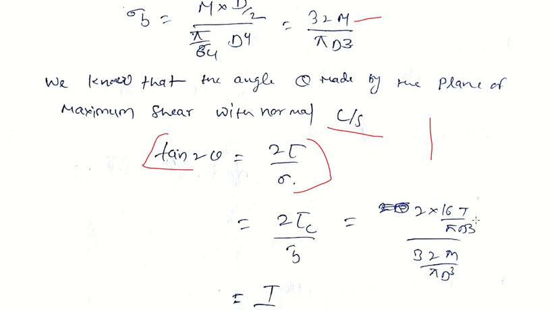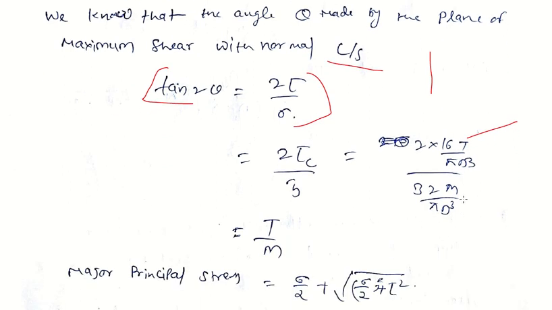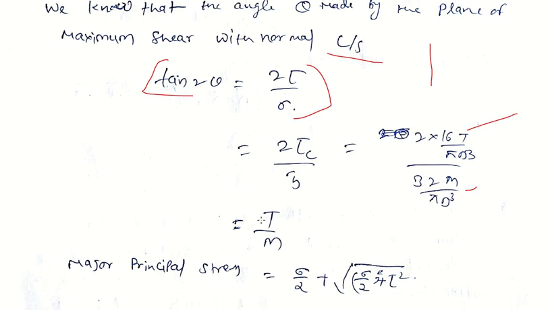So tau is 16 T by pi d cube and sigma is 32 M by pi d cube. Now we solve it, and tan 2 theta equals T by M. The failure plane is given by 2 theta equals T by M.